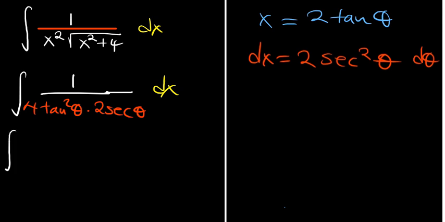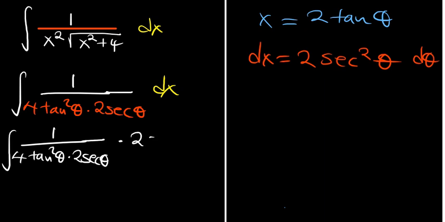We have the integral of 1 over 4 tan squared of theta multiplied by 2 secant of theta, and then we substitute 2 secant squared of theta d theta. Since we've got 2 there, and on the bottom we just have 1, we can cancel out, right? Let me write one more step on the bottom here.